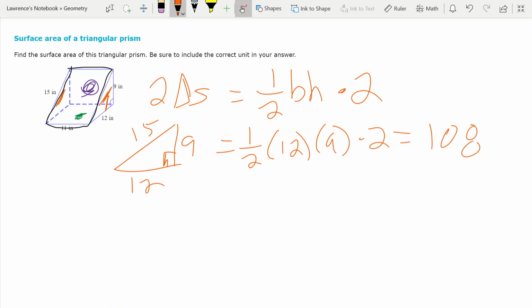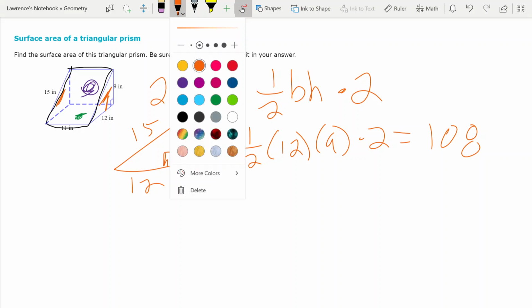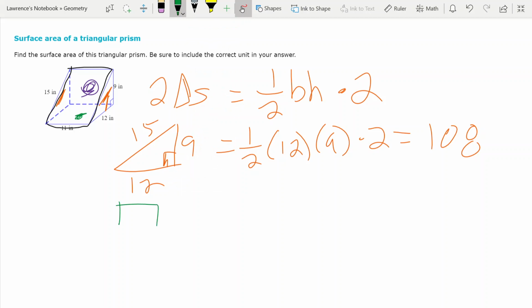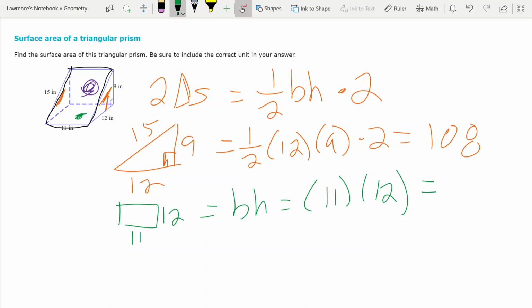Now I'm going to do each individual rectangle. I'll do the bottom one next. It would look kind of like this, where it's 11 and 12. Once again, base times height, so that's 11 times 12, which is 132.